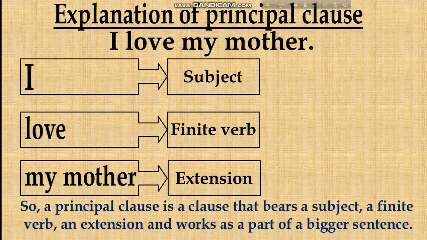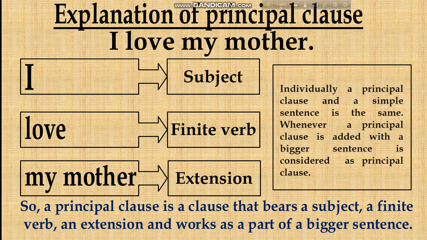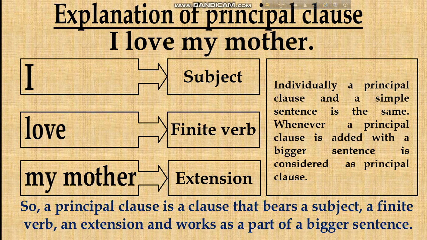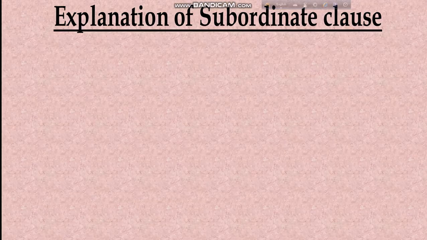So a principal clause is a clause that bears a subject, a finite verb, and extension, and works as a part of a bigger sentence. Individually, a principal clause and a simple sentence are the same. Whenever a principal clause is added to a bigger sentence, it is considered a principal clause.